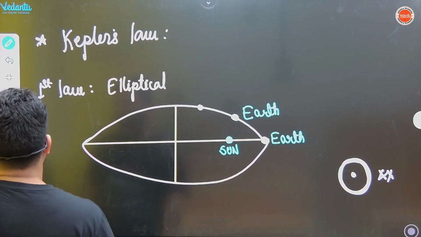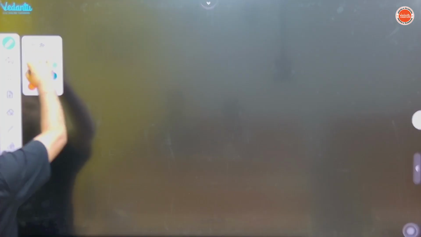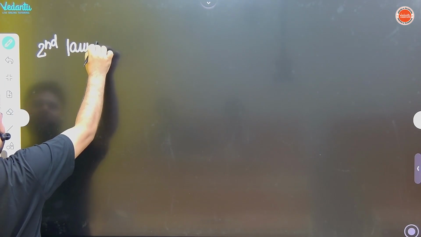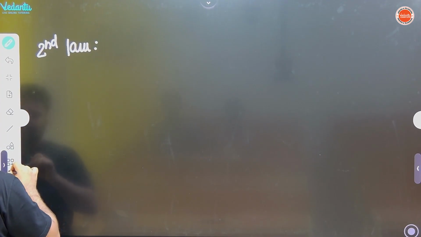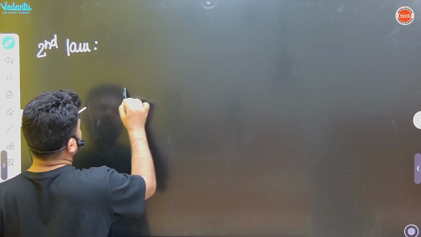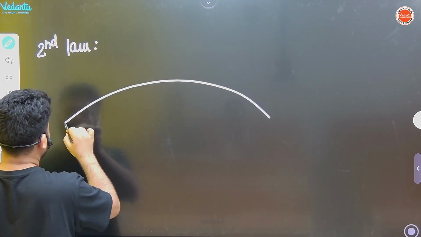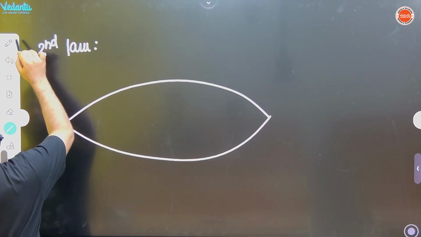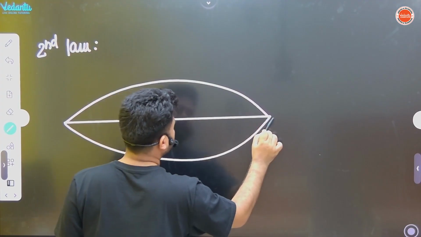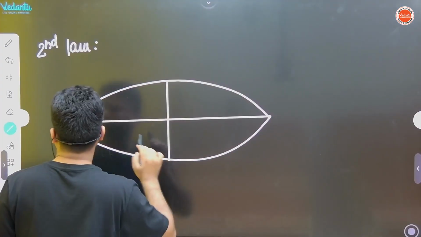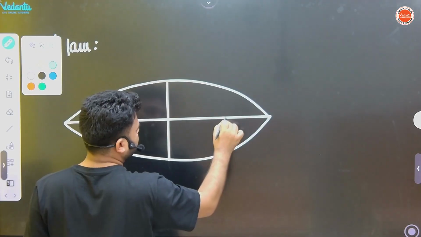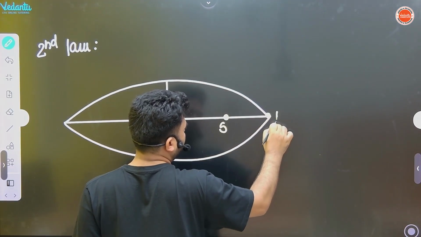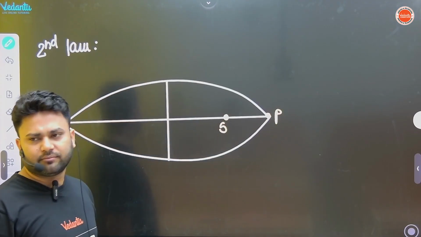Second law. What it says is that the planet covers equal area in equal time. Suppose this is the sun, and this is the planet. P means planet, earth, whatever.